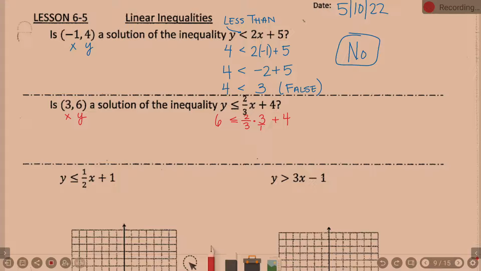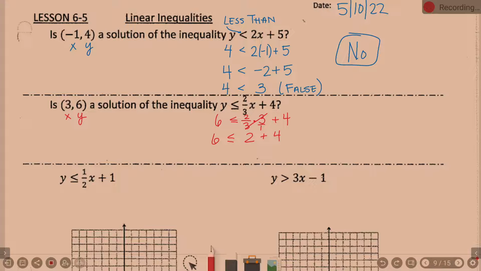What can a 3 on top and a 3 on bottom do? They can cross out, can't they? So this really becomes 2 times 1, or in other words, just 2. You still have the plus 4. So my current statement is 6 less than or equal to 2 plus 4.